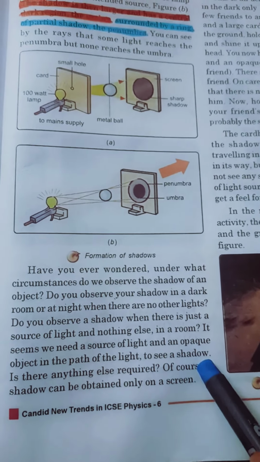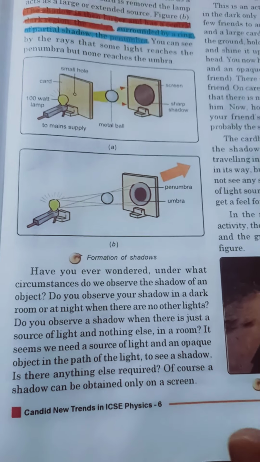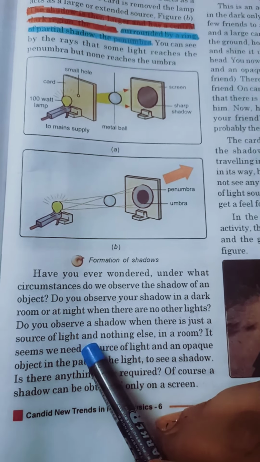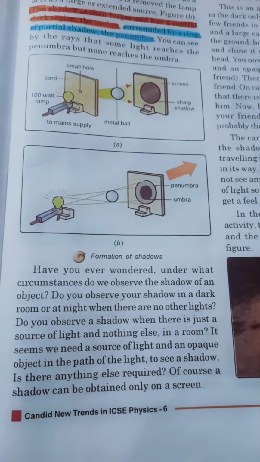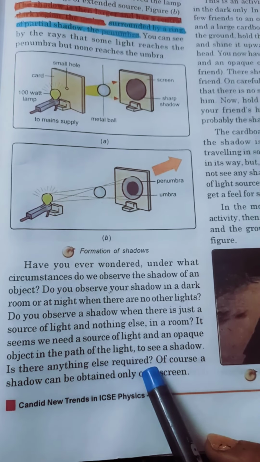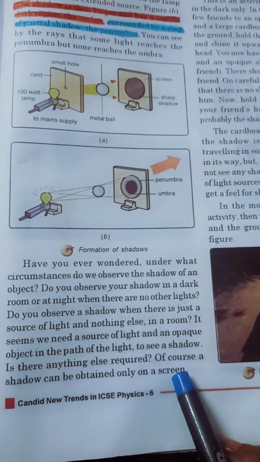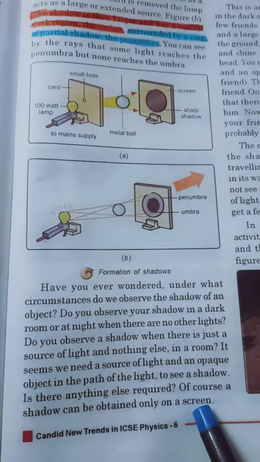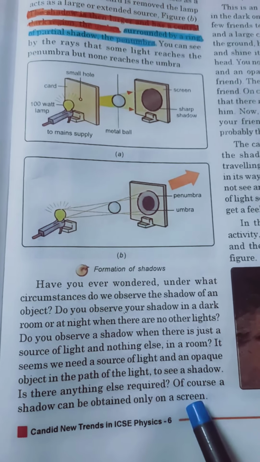Yes, to create a shadow, we need a source of light and an opaque object. Okay, and actually a screen where the shadow is formed. Is there anything else required? Of course, a shadow can be obtained only on a screen. That is what I said just now, that we also need a screen where we can form a shadow.